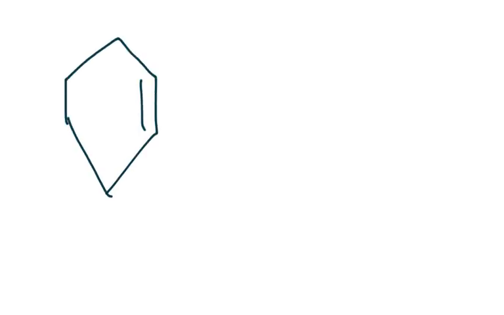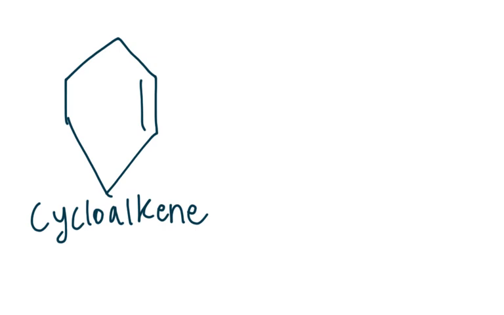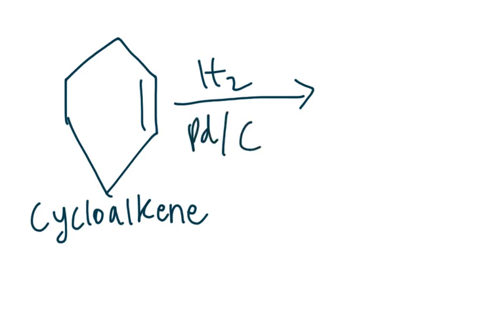And last but not least, if we do another example, this one shouldn't be that hard because this is a cycloalkene to a cycloalkane conversion. If you do hydrogenation on a cycloalkene like this with palladium on carbon, you'll add hydrogens across this double bond, which will lead to the product that looks like this, because the double bond goes away.